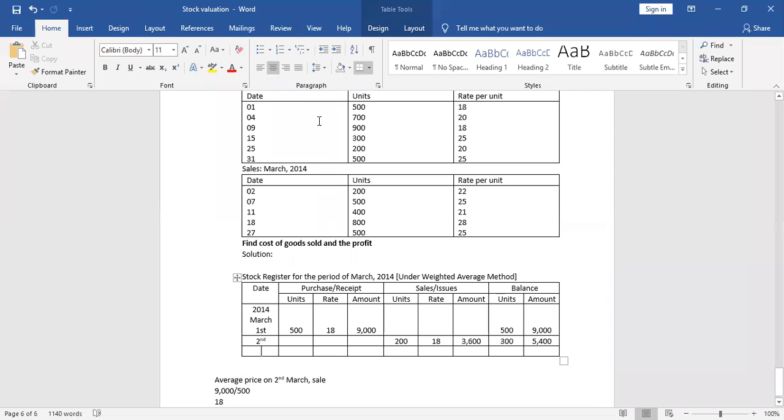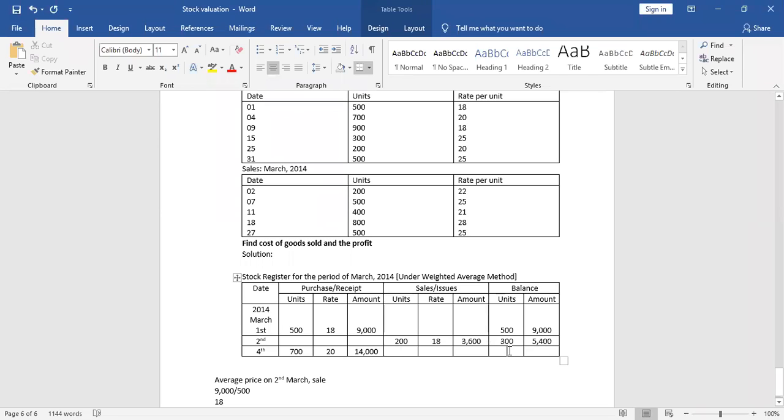Now we will come to the next date given. After second, sales is on 7th, but purchase is on 4th. On 4th there is a purchase. How many units? 700 units. So we will write here 700 and the rate is 20. So 700 multiplied by 20, how much are you getting? 14,000. As soon as we purchase, we have to show it in the balance. Earlier it was 300, today we purchase 700.